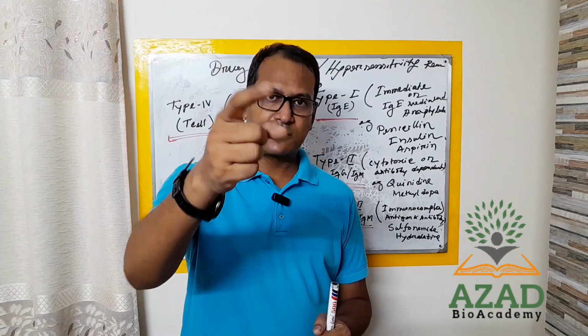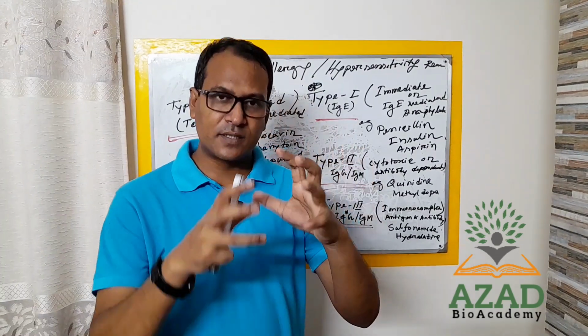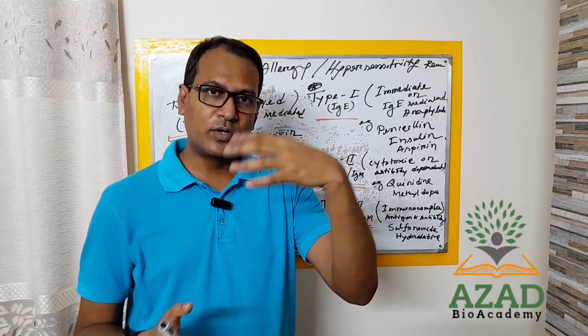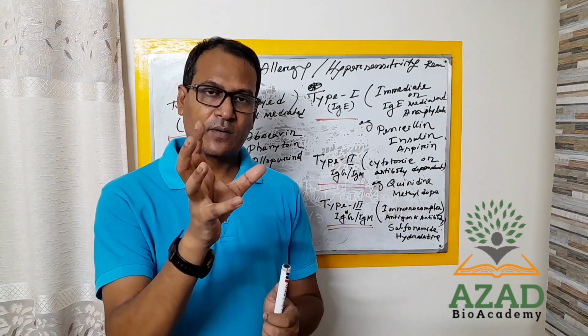When the allergen, that means the drug, enters your body, your antigen presenting cell or macrophage will try to engulf it or degrade it. When it fails, then what will happen?